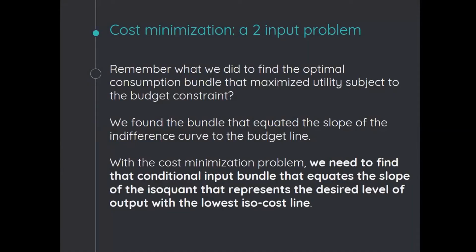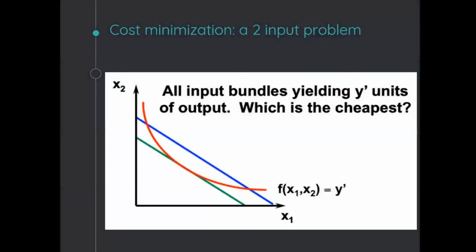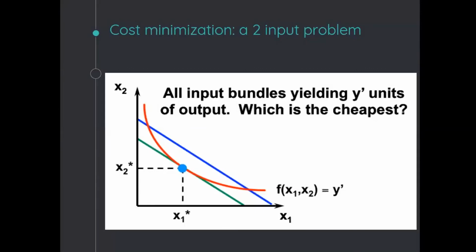You find the conditional input demand, in this case the conditional input bundle, where you find the best quantities of your inputs that allow you to reach the level of production you want, the red curve, at the lowest cost possible. That is essentially the cost minimization problem. You can see this mathematical process in the appendixes of this lecture.